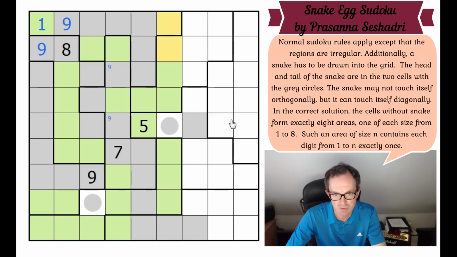It's got to take those 2 cells as well to stop the snake touching itself orthogonally. Now, this creates a 7-cell green region, which is the maximum size left because the 8-cell region is down there. So all of those cells would then have to be snake, which means the snake would have to do something like that.